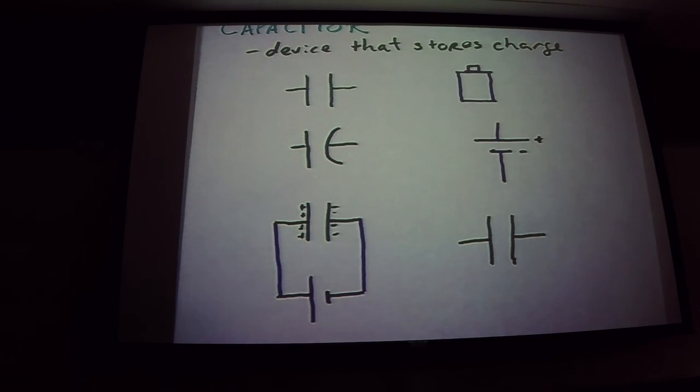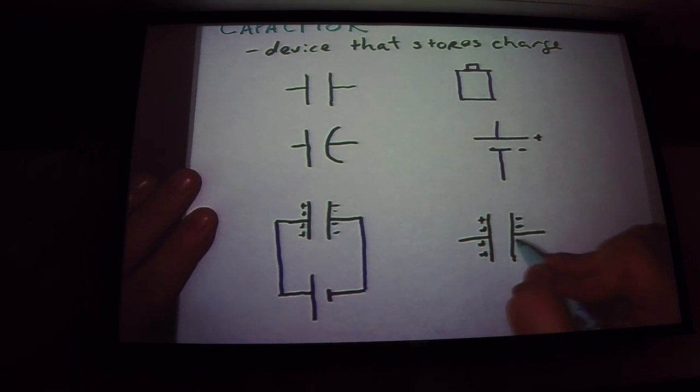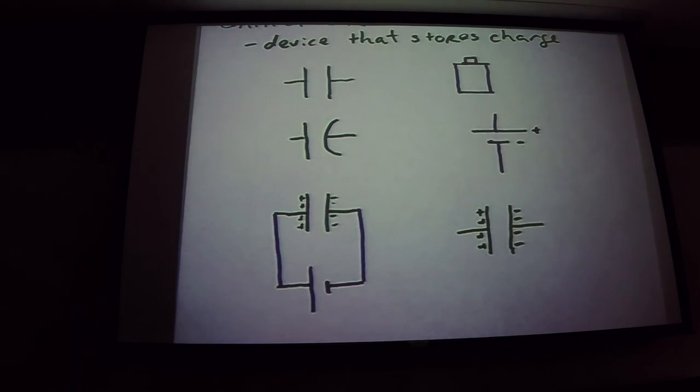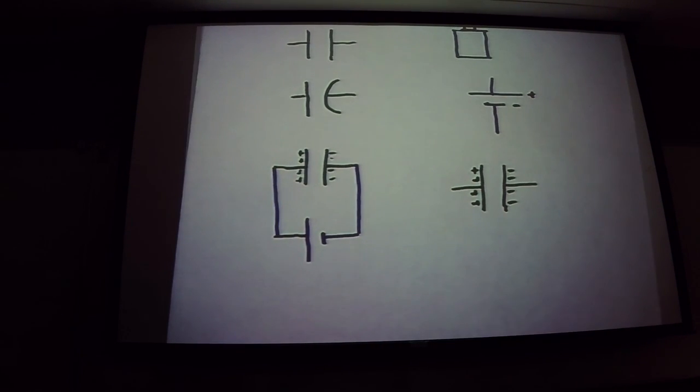They can't jump from one side to the other, so they just stay there, i.e., you've stored charge. And by the way, I could take that charge and then use it to temporarily power something else. So capacitors are devices that store charge.